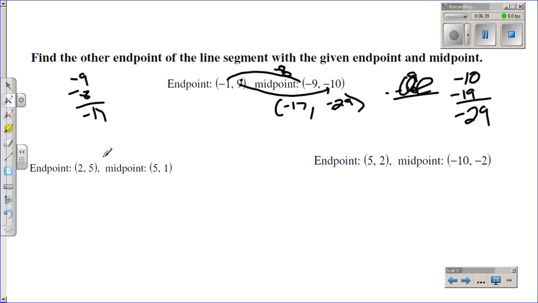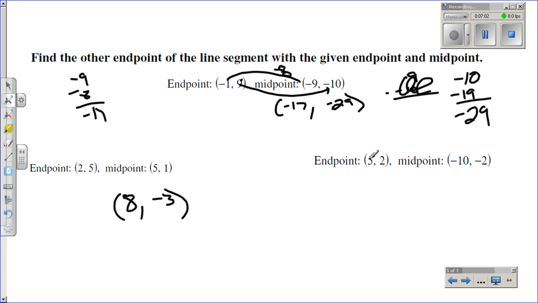Here, to get from 2 to 5, I went up 3. So 5 and 3 more would be 8. Here I went from 5 down to 1. If I go down 4 more, I'm at negative 3. That's where the other point would be. See how that works?